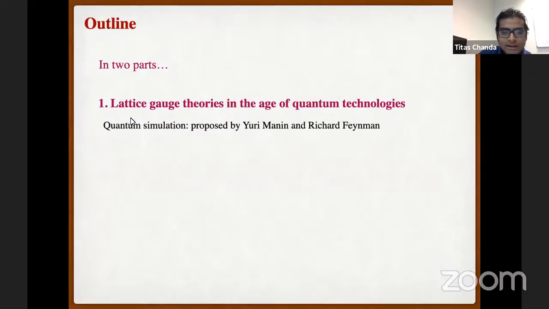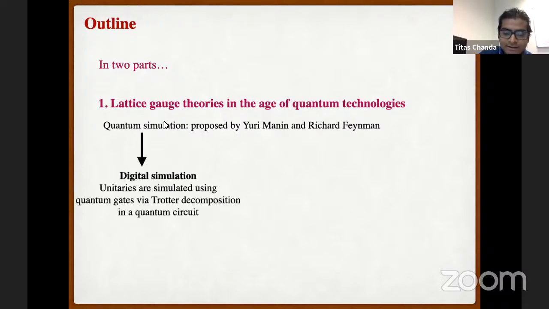So we need another quantum system to simulate nature, and this gave birth to quantum simulation. There are two broad kinds of quantum simulation. One is digital simulation, where unitaries of a target system which we want to simulate are simulated using quantum gates via product decomposition in a quantum circuit.